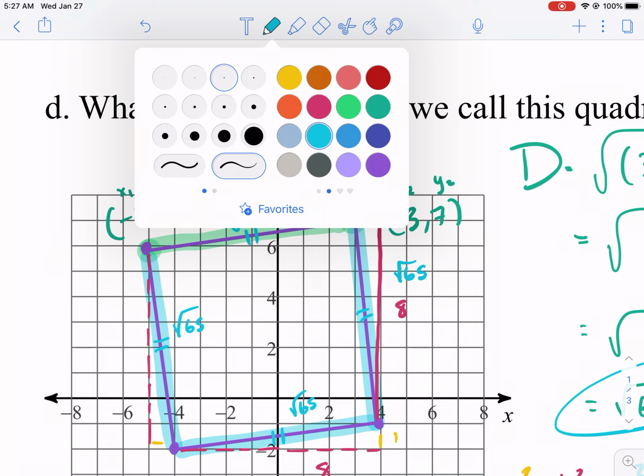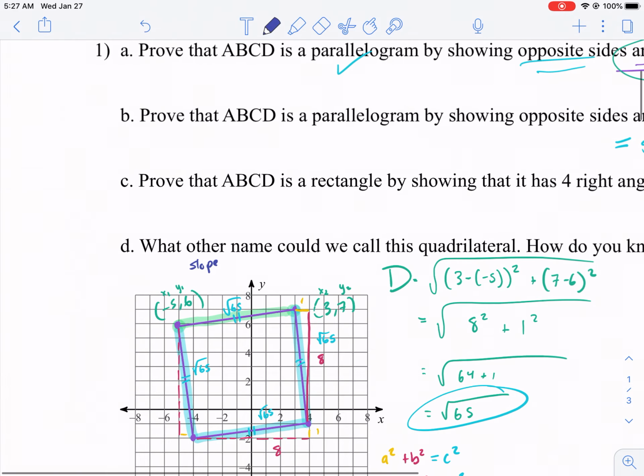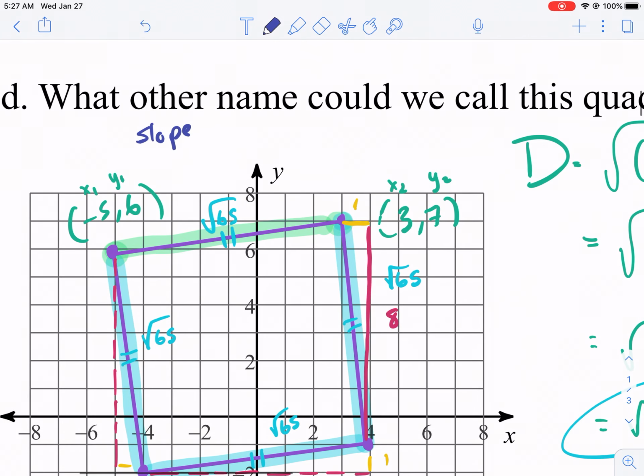So we can easily find the slope here. I'll go ahead and use this darker blue. So we can find the slope of this first side, which I didn't label. I should have labeled A, B, C, D, but you guys understand it, I think. But anyway, we're going to find the slope between those 2 points.